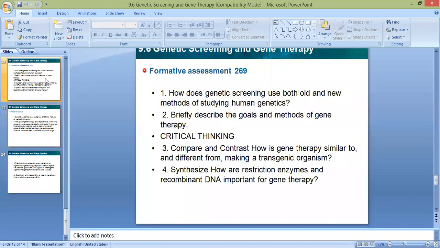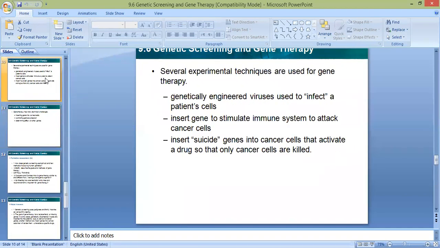The third method is to stimulate the immune system to attack cancer cells. The third one puts genes that activate a drug so that the drug only kills the cancer cells.